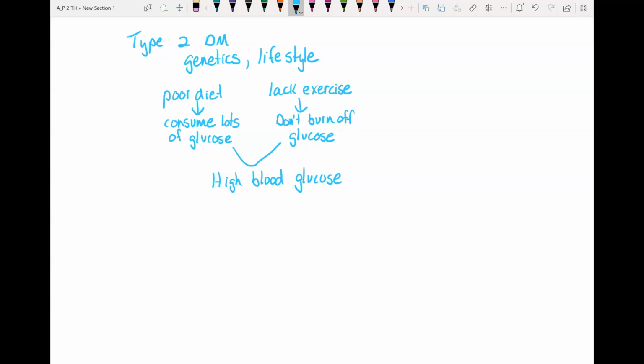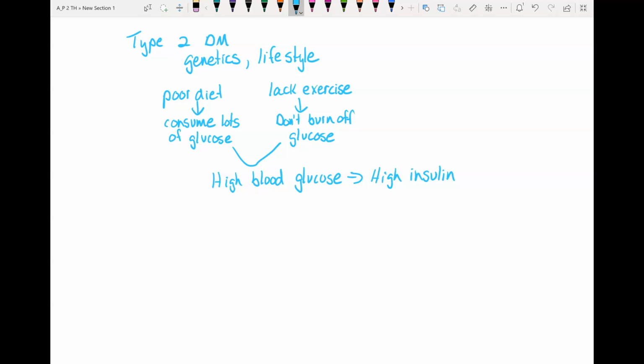Well, the higher your blood glucose is, the more insulin you need. So this means you will also have high insulin. They go together. The more glucose you have, the more insulin you have. Now think back to earlier when we had talked about receptors upregulating and downregulating. If a hormone level is high, that overstimulates the cell.